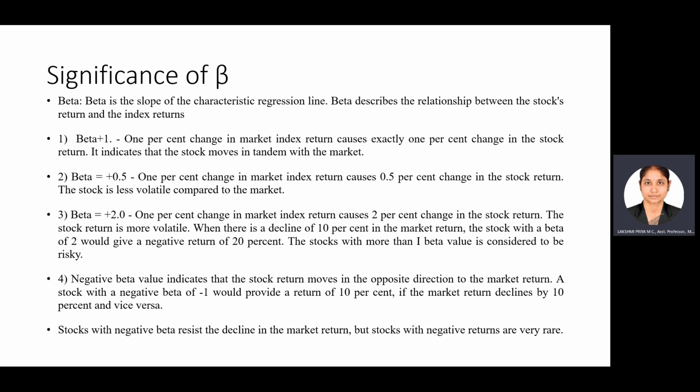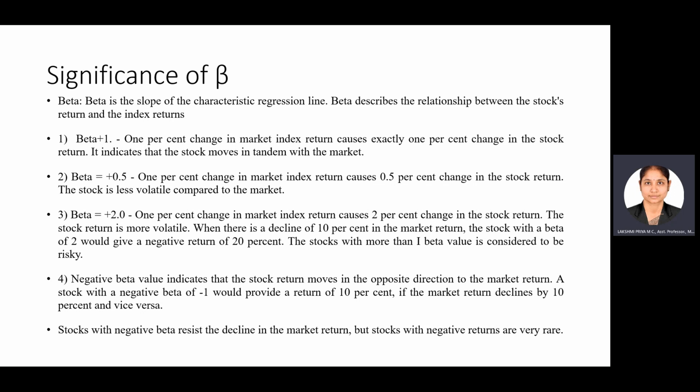A stock with a negative beta of -1 would provide a return of 10% if the market return declines by 10%, and vice versa. Stocks with negative beta resist the decline in the market return, but stocks with negative beta are very rare.